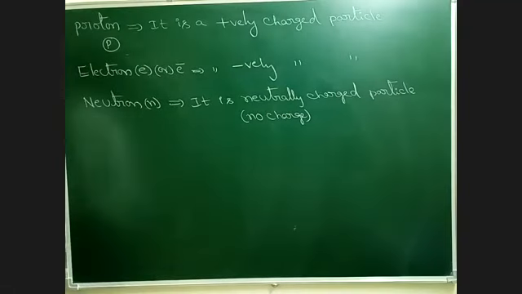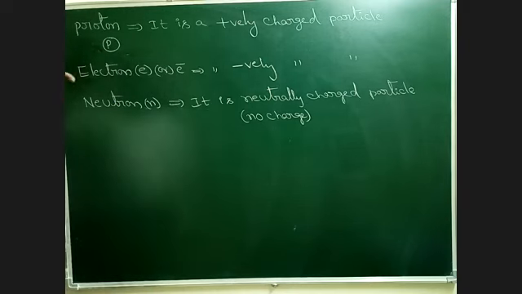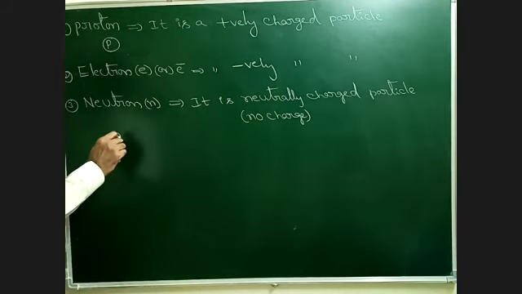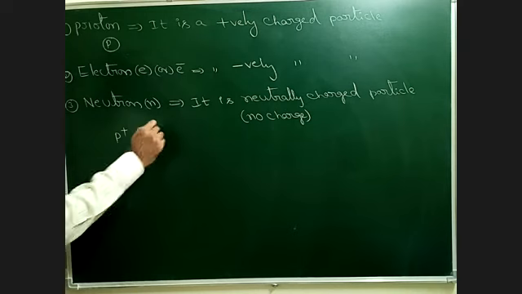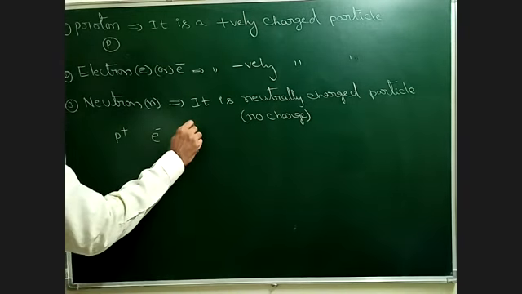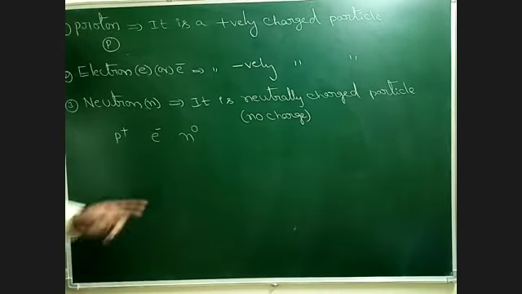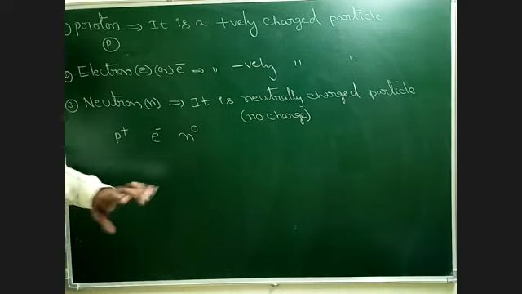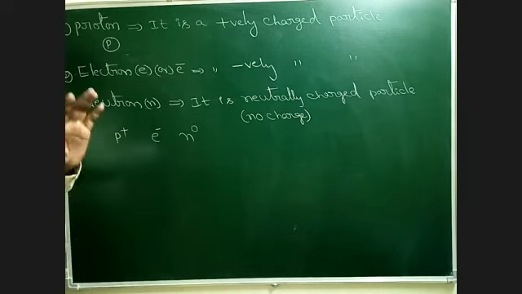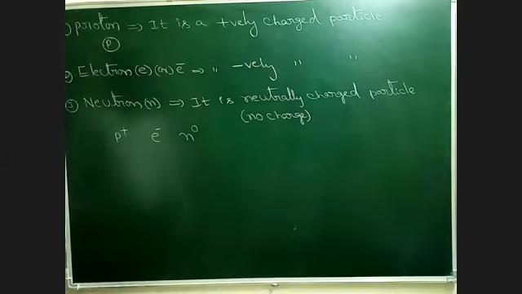So here are the three fundamental particles: proton with positive charge, electron with negative charge, neutron with no charge. That is zero, neither positive nor negative.